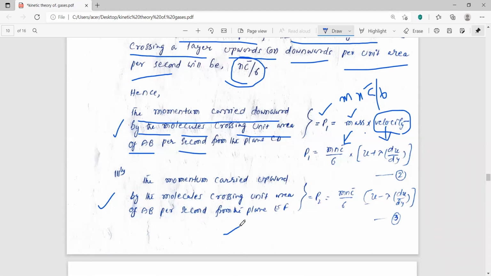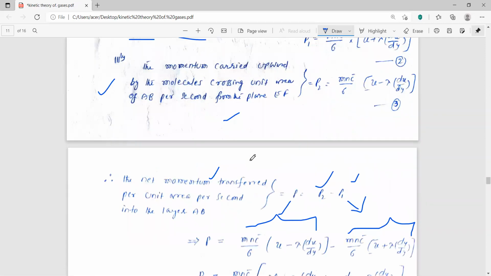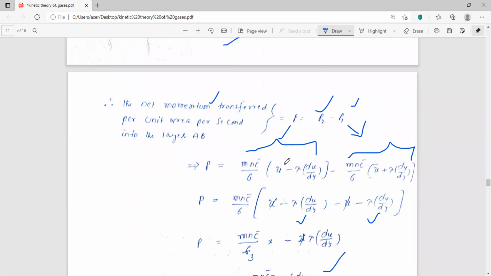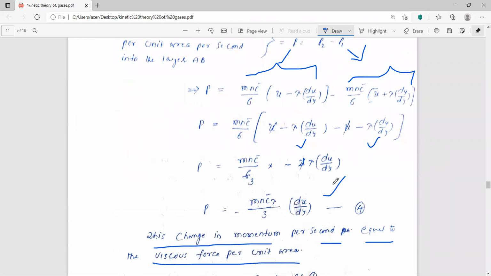Similarly, the momentum carried in the upward direction to the layer AB from the layer EF per unit area per second is P2 equals m n c bar by 6 into u minus lambda du by dy. The net momentum transferred to the layer AB per unit area per second is P equals P2 minus P1. Substitute the P2 value and subtract the P1 value from it to get this result.